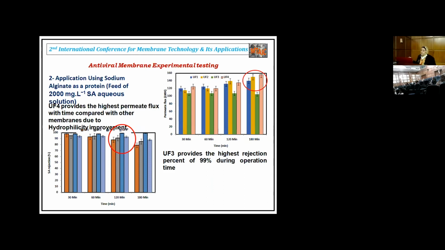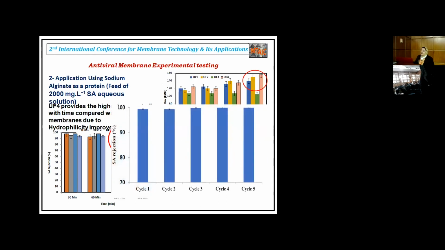For the application on separation of sodium alginate solution, we found that UF4 provides high permeate flux because of the high hydrophilicity of this membrane, while UF3 provides 99% rejection during operation time. We repeated the experiments for many cycles to indicate the fouling of this membrane.